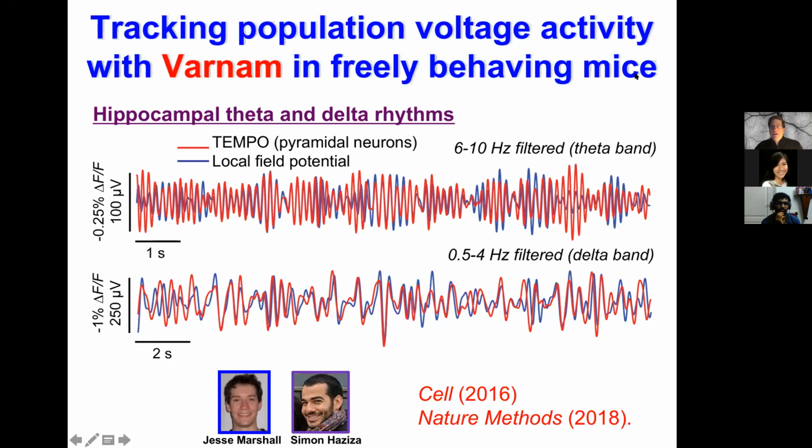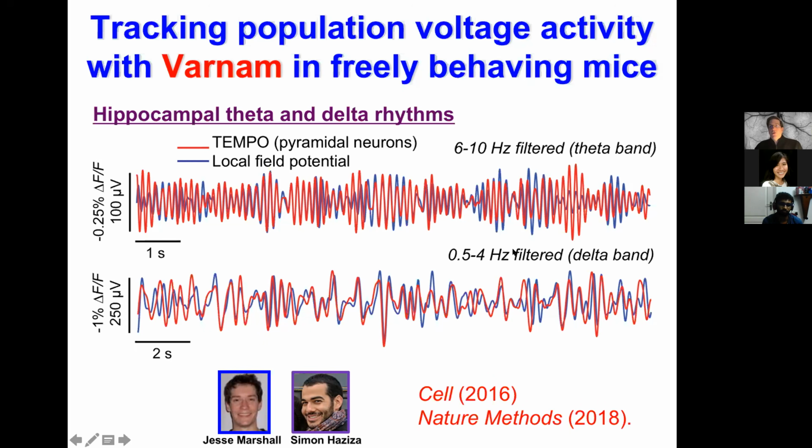So here in freely behaving mice that are probed with this TEMPO fiber optic system, Jesse Marshall and Simon Haziza in the lab have been probing so-called theta and delta band oscillatory rhythms in the hippocampus of behaving mice. When the mice are running, here you can see, as revealed by the TEMPO method, in a subset of cells that we targeted, the hippocampal pyramidal cells, a very nice theta oscillation within the 6 to 10 hertz band.